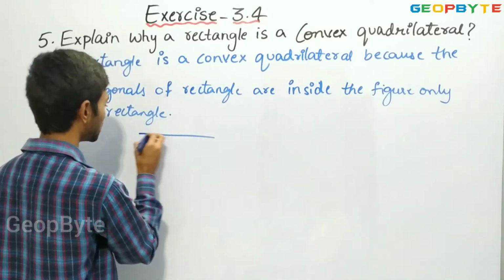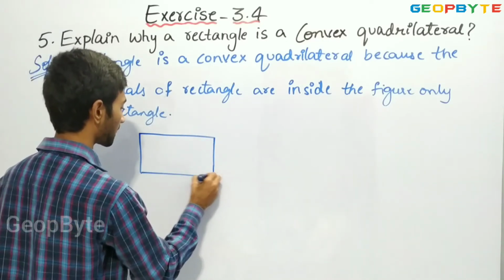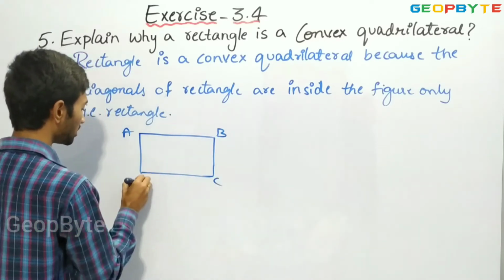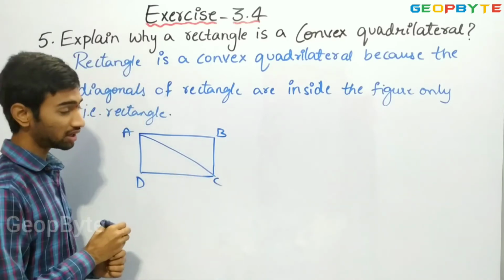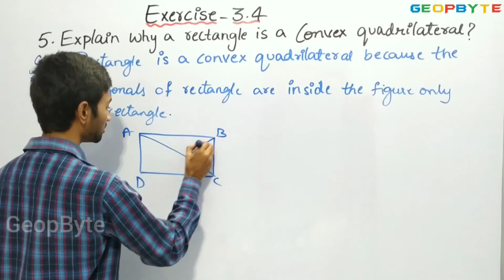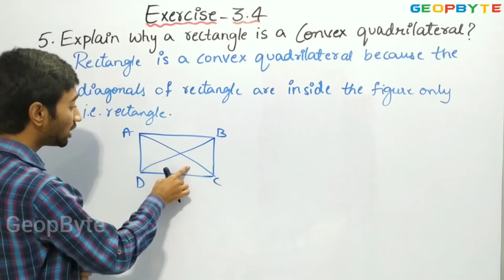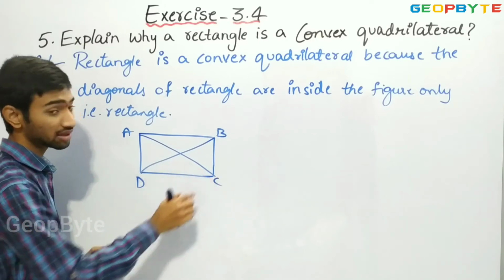So let us draw a rectangle and mark it as A, B, C, D. Now AC will be one diagonal and BD will be one diagonal. So we have drawn two diagonals inside the rectangle but not outside the rectangle.